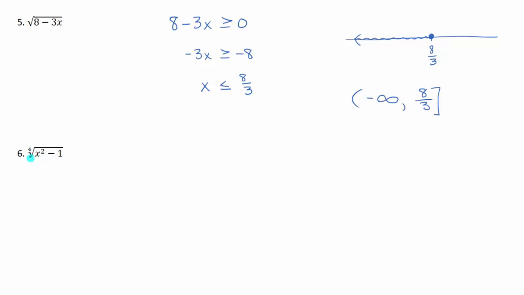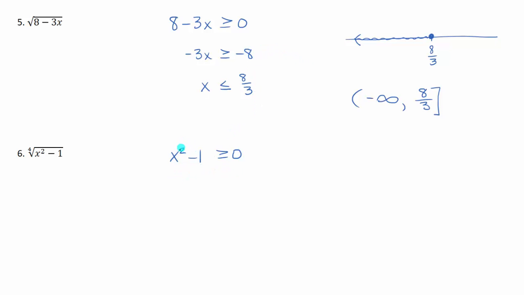On this last problem, we're taking a fourth root of x squared minus 1. And again, it's an even root, so we do have a restriction. X squared minus 1 must be greater than or equal to 0. We can't solve this the way we did here. We're going to have to do a little bit more work.